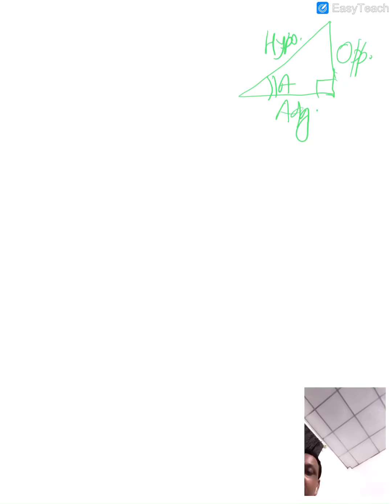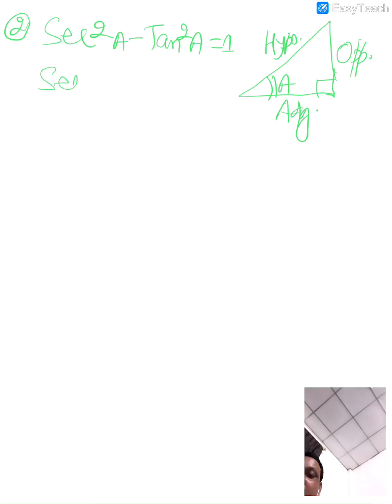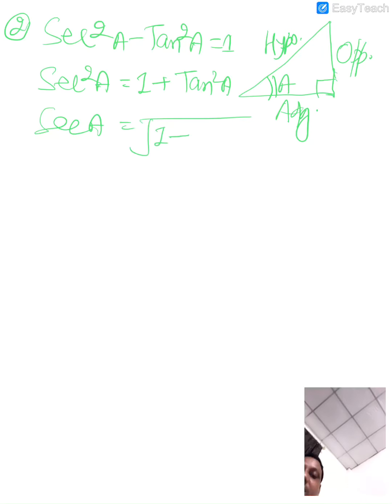So the second very popular identity is sec²A minus tan²A is equal to 1. So sec²A is equal to 1 plus tan²A, right? So we can write sec A is equal to the square root of 1 plus tan²A.